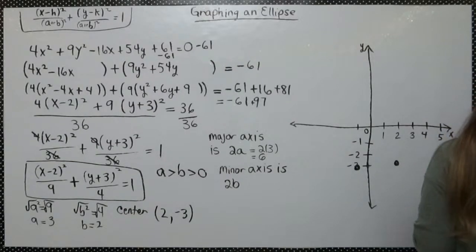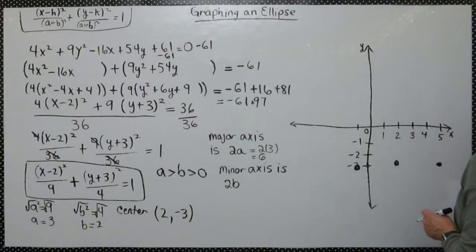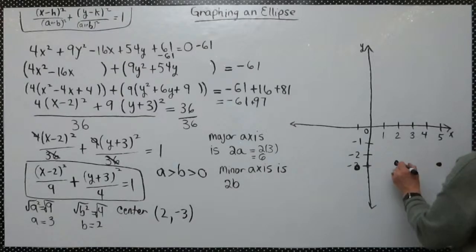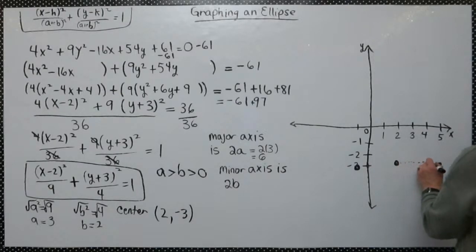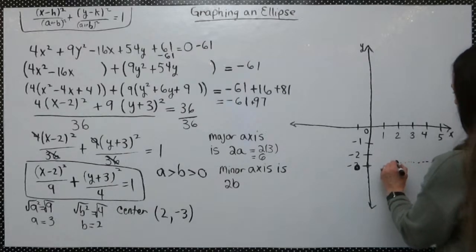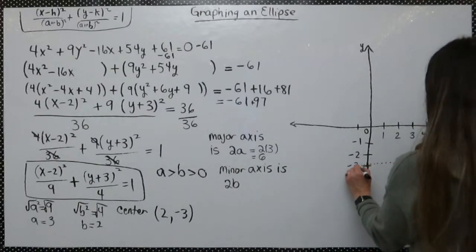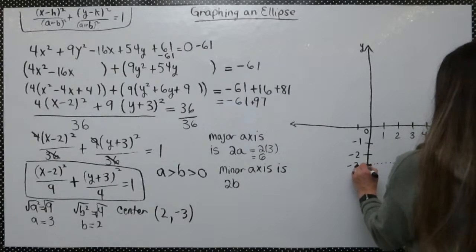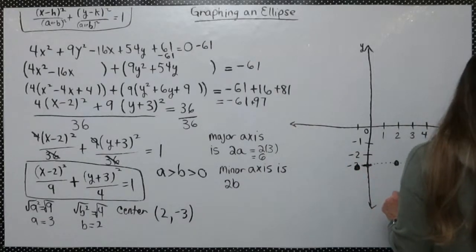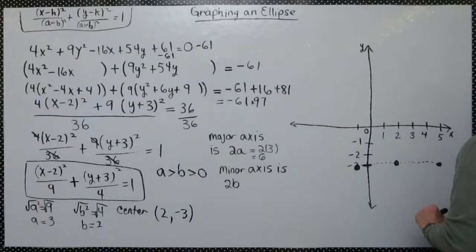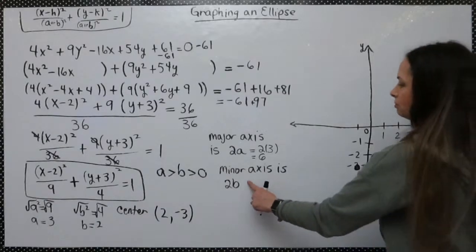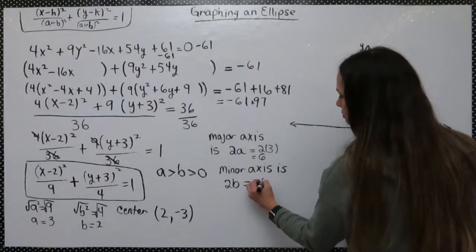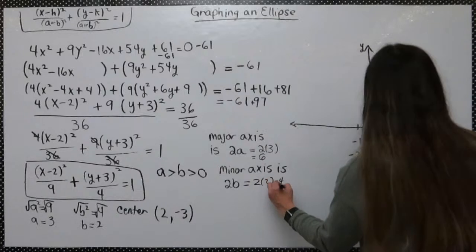And then let's see, what else we've got to do. 2, 3. 1, 2, 3. I think it just looks a little off because this line is interfering. I think we're good. And then 2B is going to be 2 times 2, which is 4.